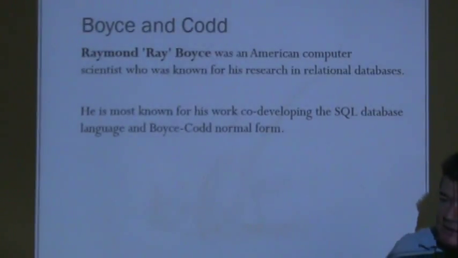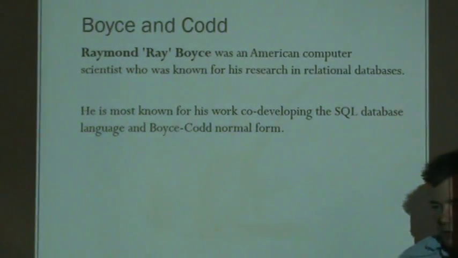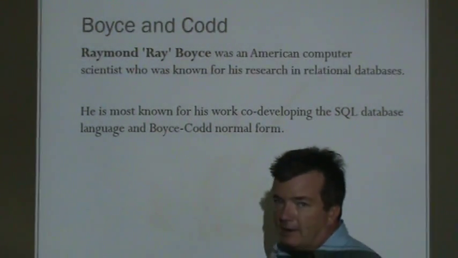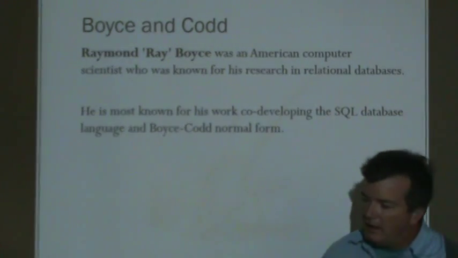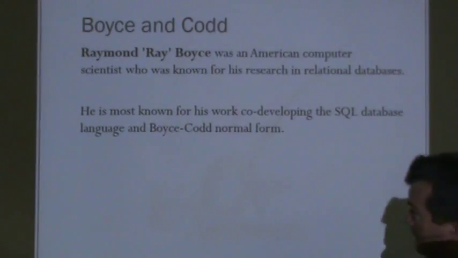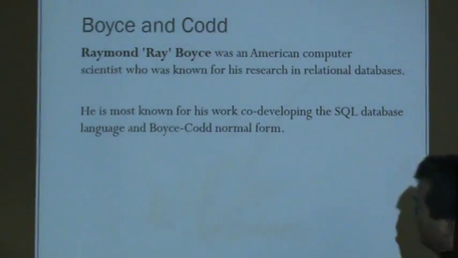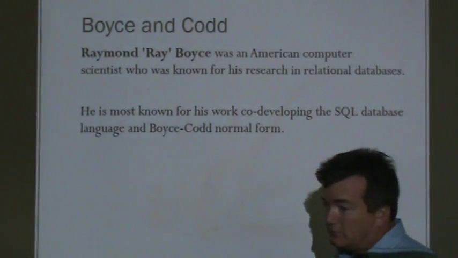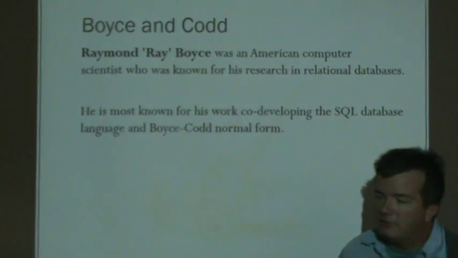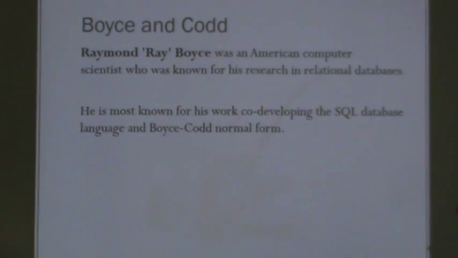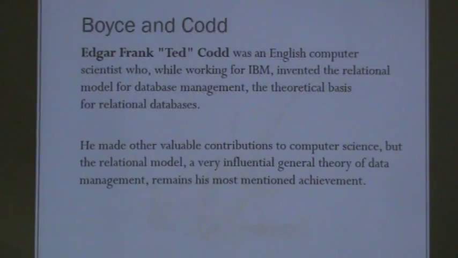The idea of normalizing data, a lot of the credit goes to two famous computer scientists, both worked at IBM in the database field. Their names are Boyce and Codd. Boyce is very famous for being one of the co-developers of the SQL language, which is the language we interact with the database in. And also, he was a researcher in relational databases.